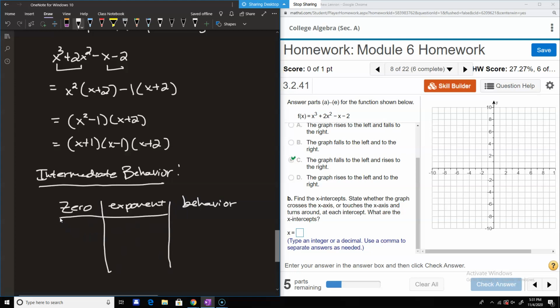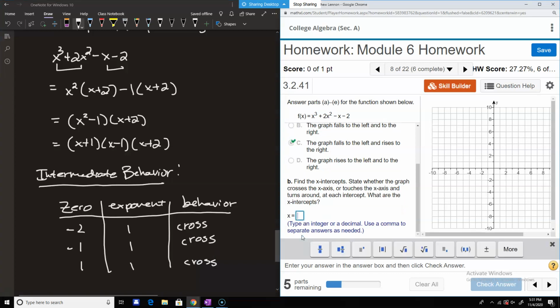So what are the zeros? We have minus 2, minus 1, and plus 1. Remember, those are the numbers you would plug in for x that would make 0. The exponent of each one is 1, and so we cross at every 0, because the exponent is always an odd number. When the exponent is even, that's when we bounce.